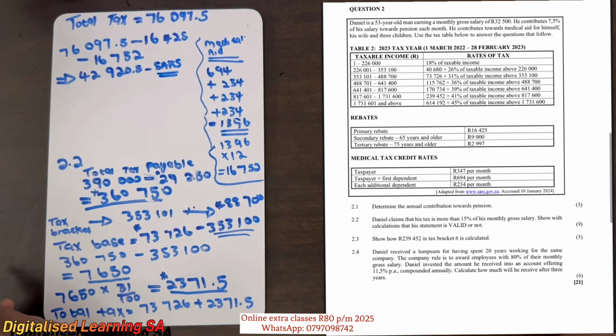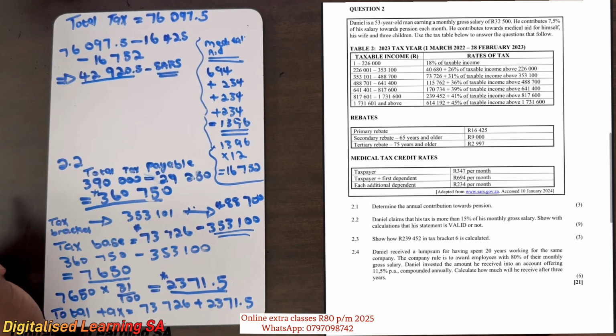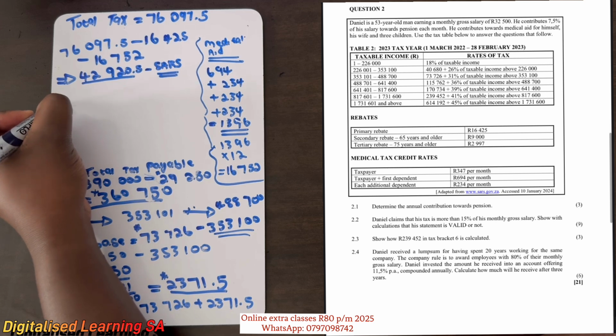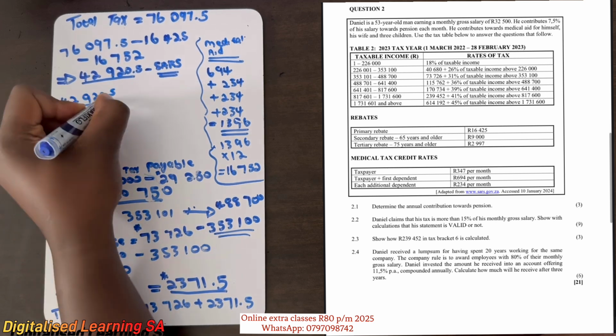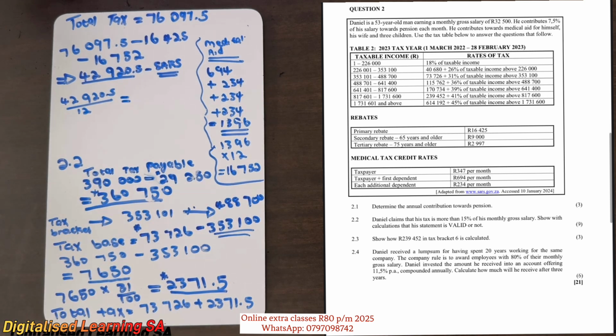If we go back to our question, we are told that Daniel claims that his tax is more than 15% of his monthly gross salary, meaning that we need to first convert this annual amount into monthly to see how much tax he is paying per month. To do that, we just take the 42,920.5 and divide by 12, so that we can see how much tax he is paying to SARS in a month.